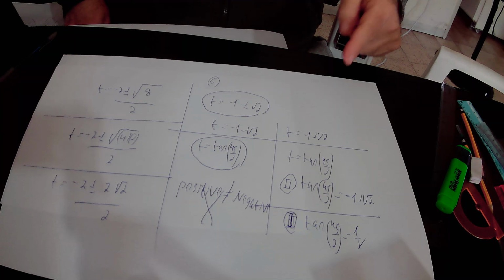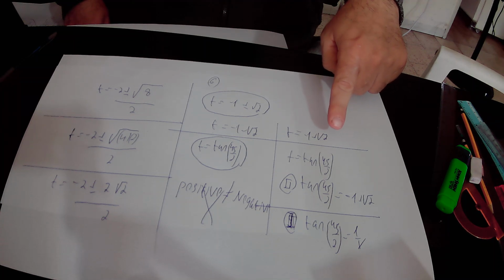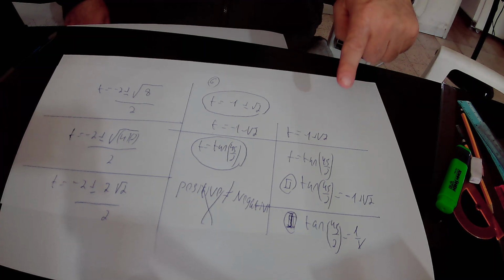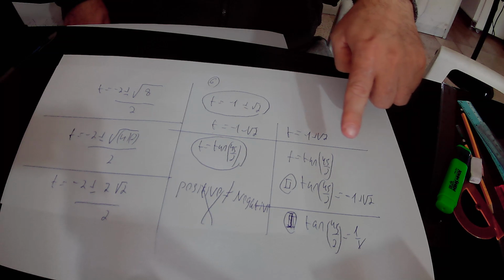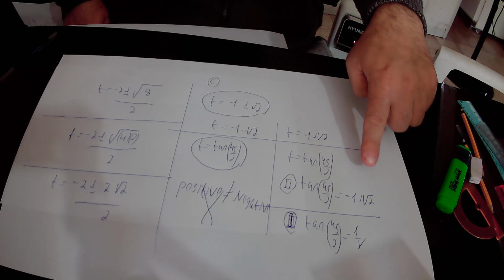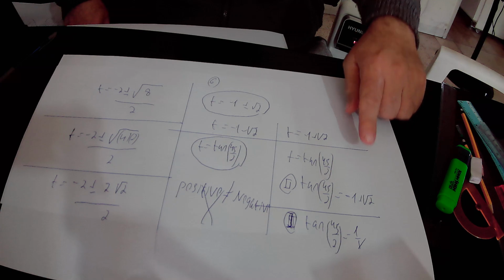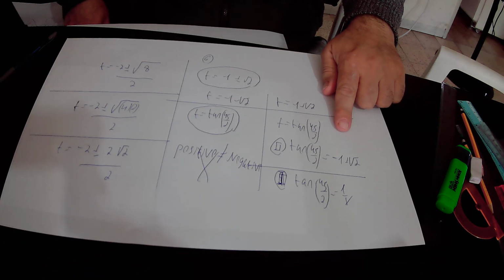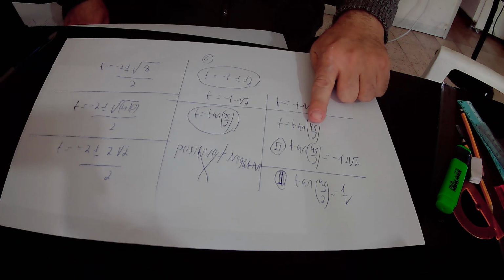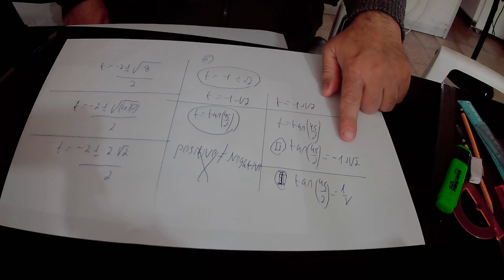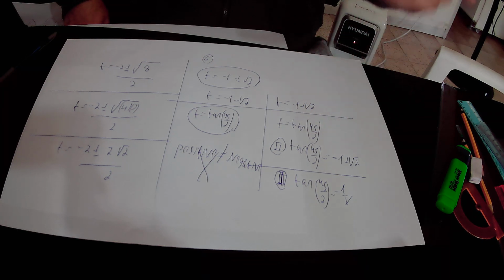And according to our definition, t equals tangent of 45 over 2 degrees. So t, that is tangent of 45 over 2 degrees, equals minus 1 plus the square root of 2. So according to equation number 2, tangent of 45 over 2 degrees equals minus 1 plus the square root of 2.